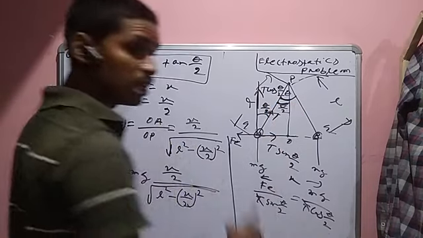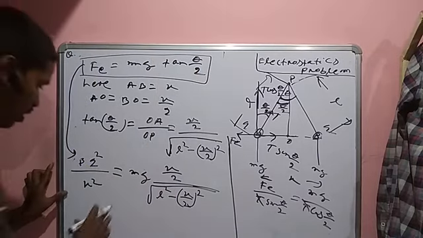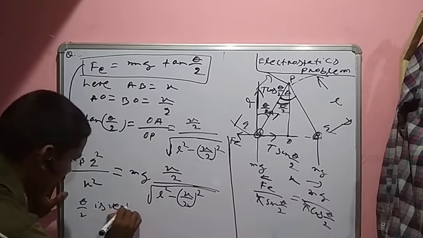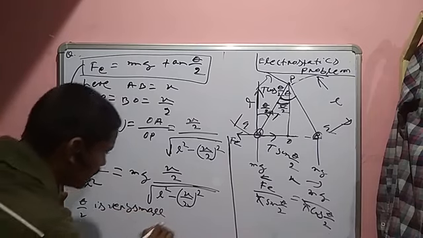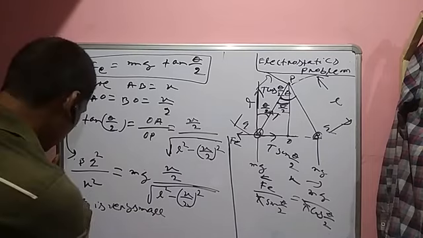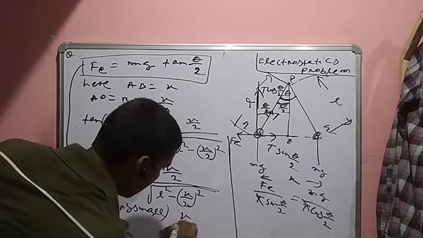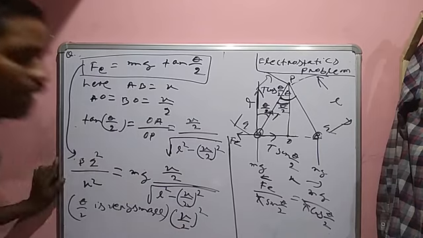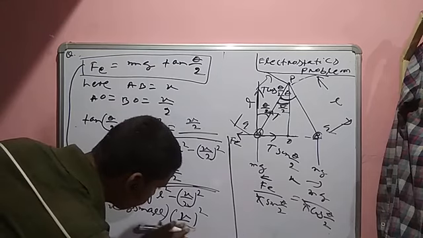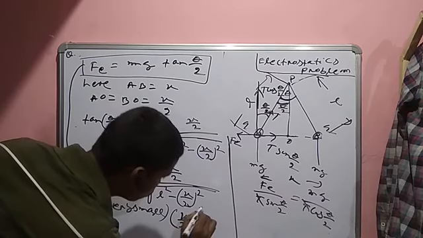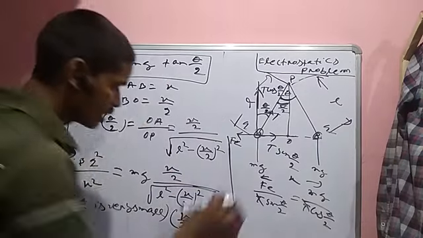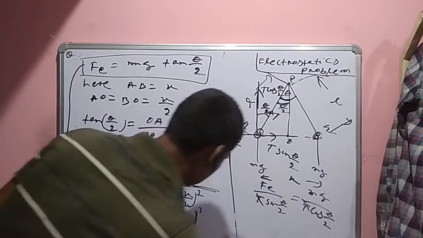So x by 2 is very small. That means therefore here theta by 2 is very small. It is visible or not? Yes or no? So theta by 2 is very small. Then x by 2 square is negligible to 0.